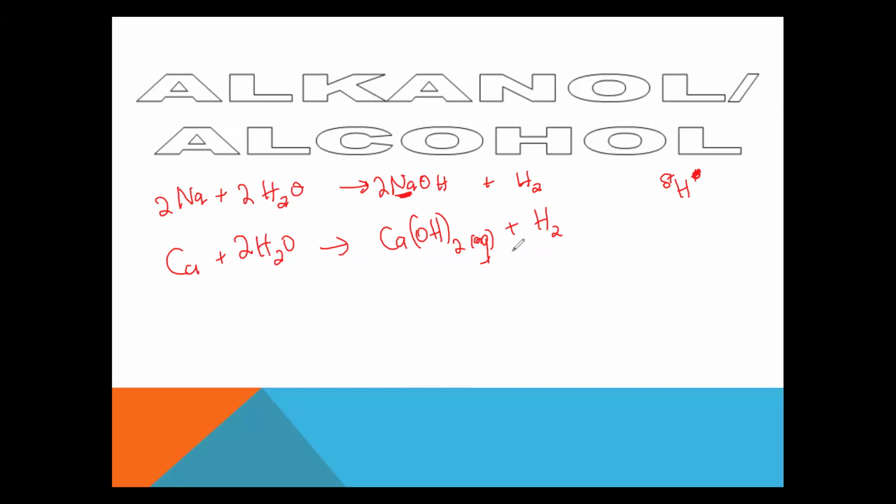Now, it's a similar thing when we react ethanol with metal. So if I react ethanol, C2H5OH, this H, like the H in the water, is replaced by sodium. Clear? So we get NaOH.